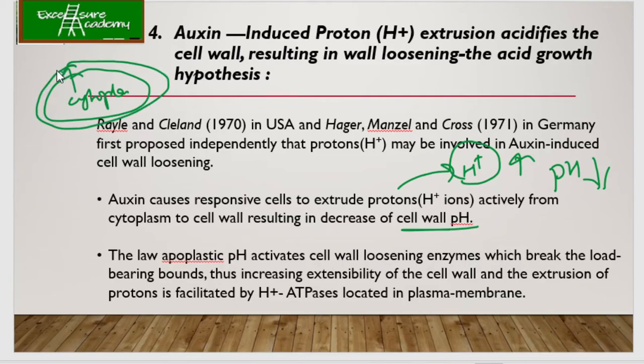Since the H+ concentration in the cell wall has increased, the pH has decreased. The decreased pH is going to activate the enzymes. These enzymes are going to act on the celluloses present in the cell wall to help in the loosening of that area. This loosening of the cell wall will result in cell wall extension.